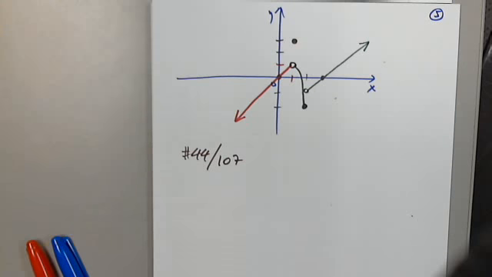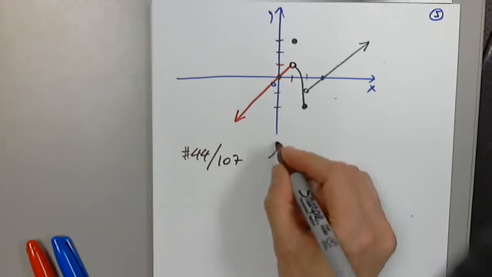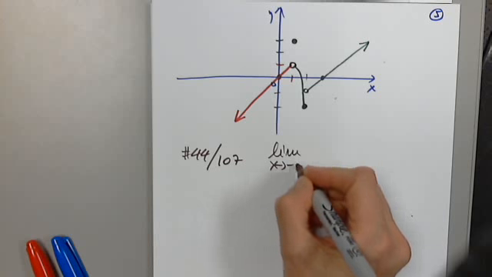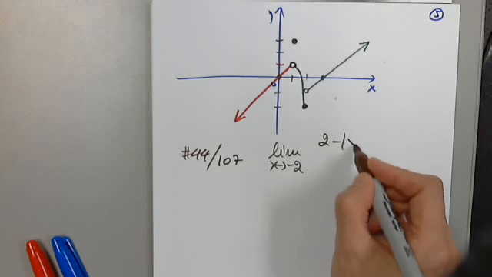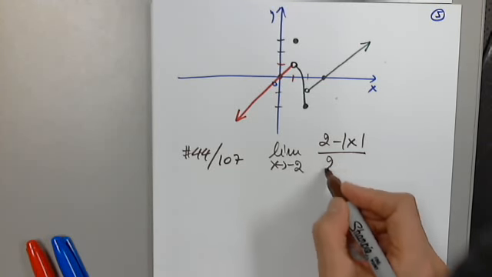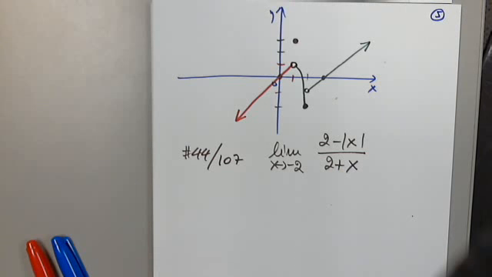Okay, and here's the limit. Limit as x approaches -2 of 2 minus the absolute value of x over 2 plus x. This is not a trivial situation.